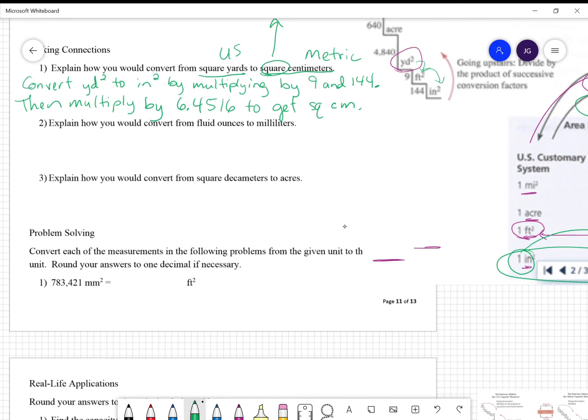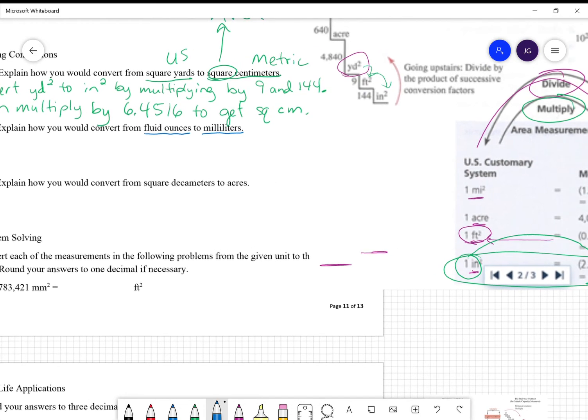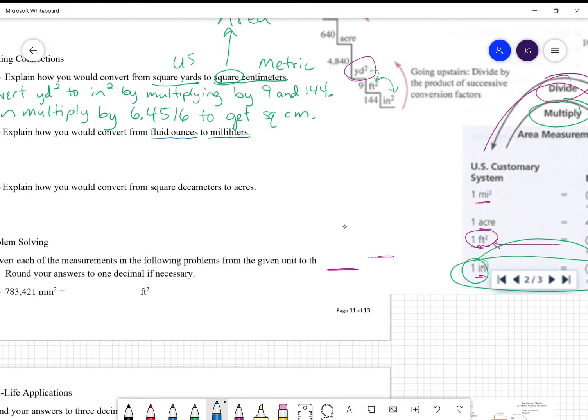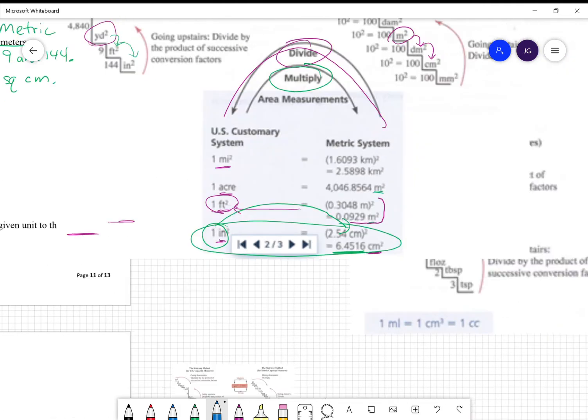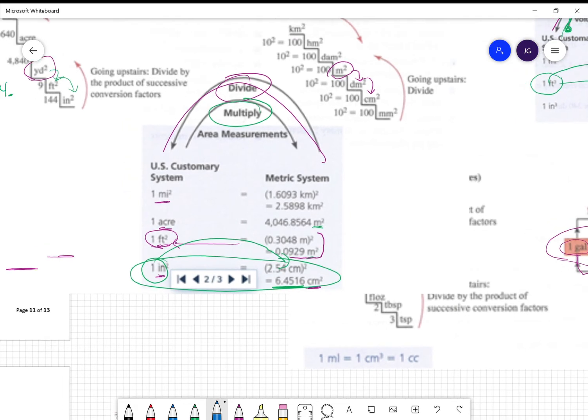Okay, next one. Explain how you would convert from fluid ounces to milliliters. Again, I'm going US to metric. But now, fluid ounces and milliliters, this is a volume, not an area. So I don't want this table. I want the volume one.